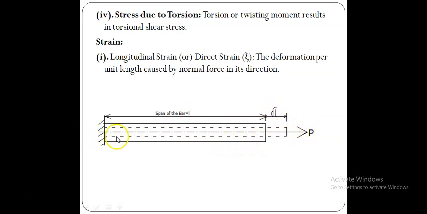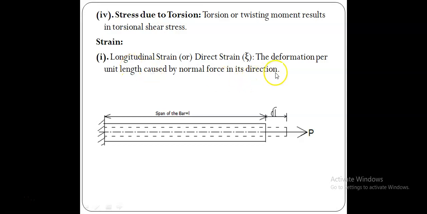In this case there is a bar which is fixed at one end, and at the other end there is a pull P applied. So there will be an elongation delta L of the span of the bar L. Then how can you find this strain?